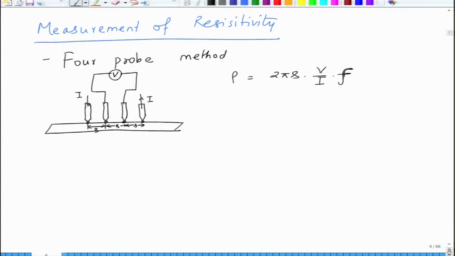I can write it differently. This is the factor F, and this factor F is basically calculated by plotting. So S is the probe to probe spacing, and F is a tabulated or graphed correction factor.